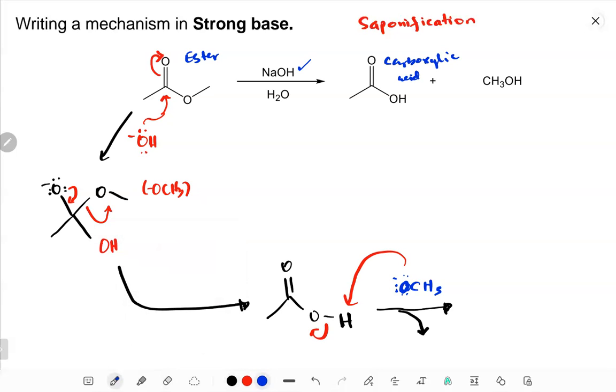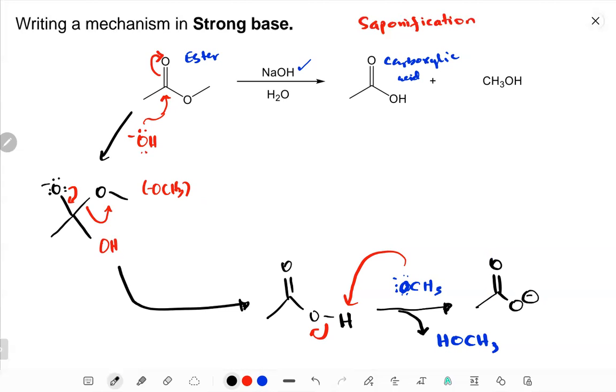This is methanol, and an acetate ion here, which is a negatively charged species.